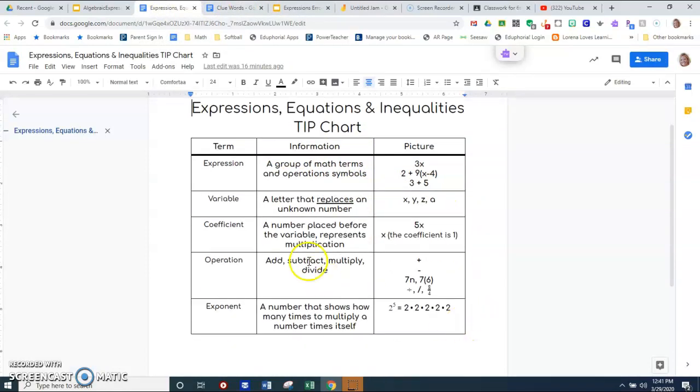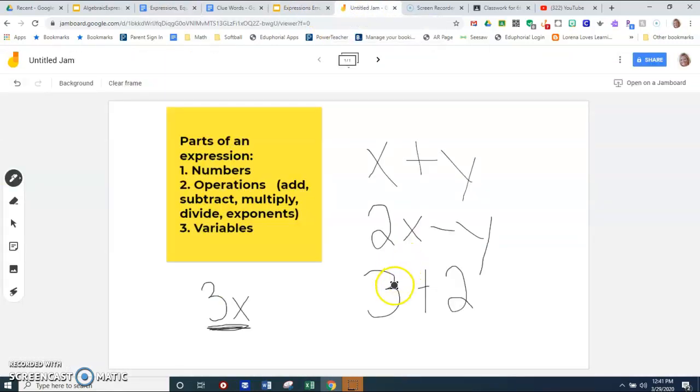So going back to our vocabulary, a variable, remember, is just a letter that replaces an unknown number. So here you have your variable that replaces a number. We don't know what that number is. Remember, the other thing we talked about is you can't solve expressions without knowing what these variables represent.